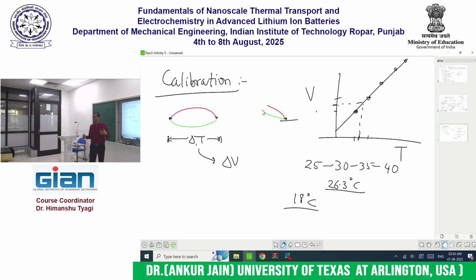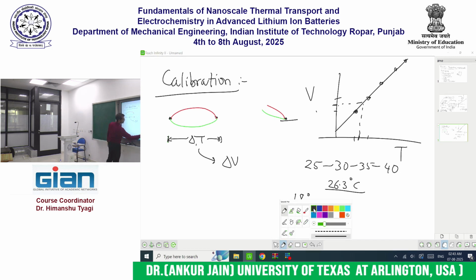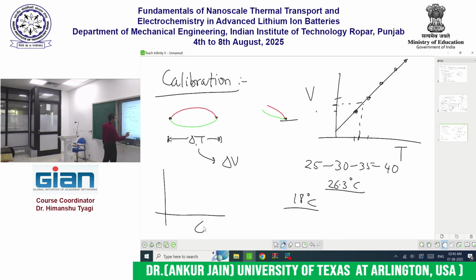And there is a linear relationship between delta V and delta T. So as the temperature difference changes, the voltage changes as well. It's a linear relationship, and in order to be able to have confidence in the thermocouple measurements, you need to derive this calibration plot yourself.